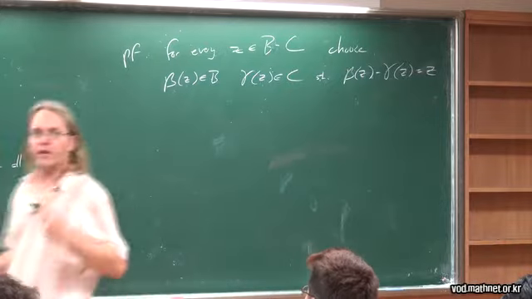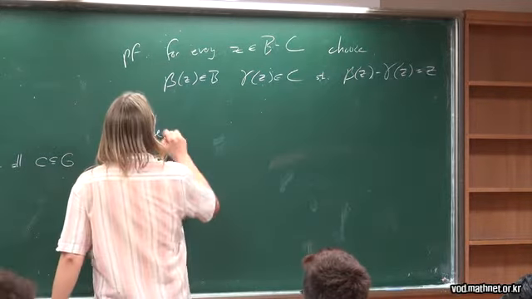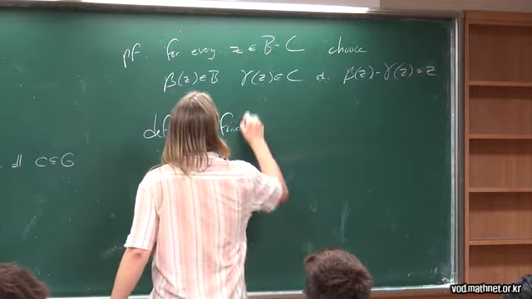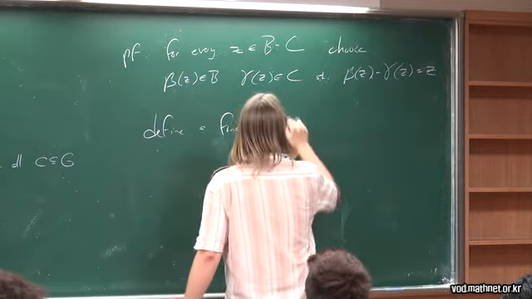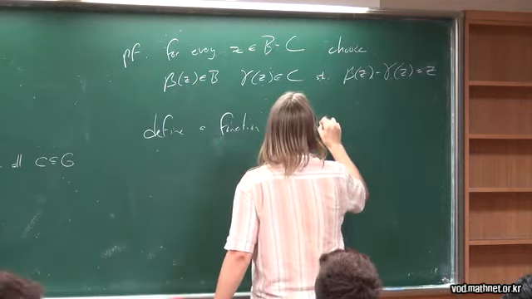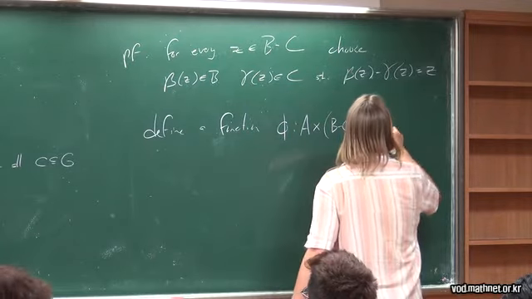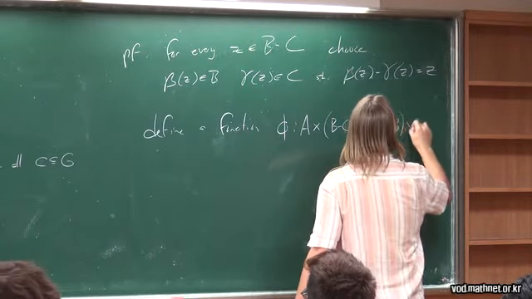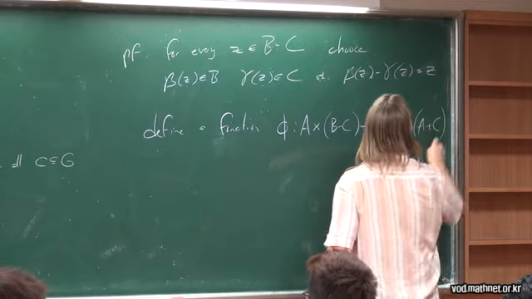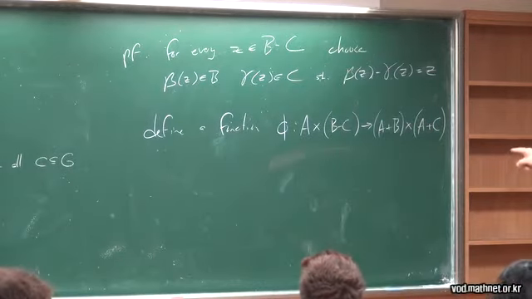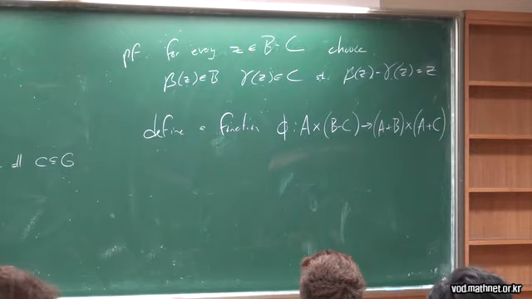And now I'm going to define a function. This is going to be a map phi. It's going to go from A cross B minus C to A plus B cross A plus C. Now, if I can define a successful function here and prove to you that it is in fact an injection, then I will have my desired outcome.